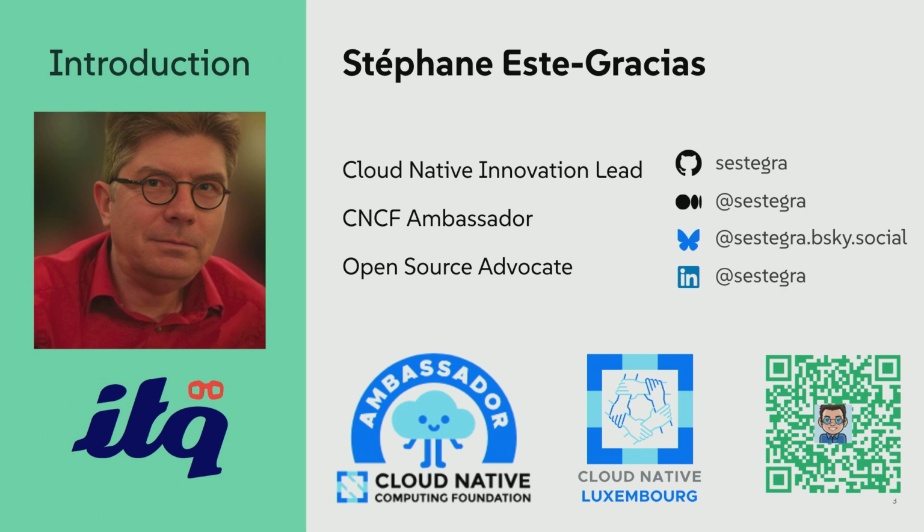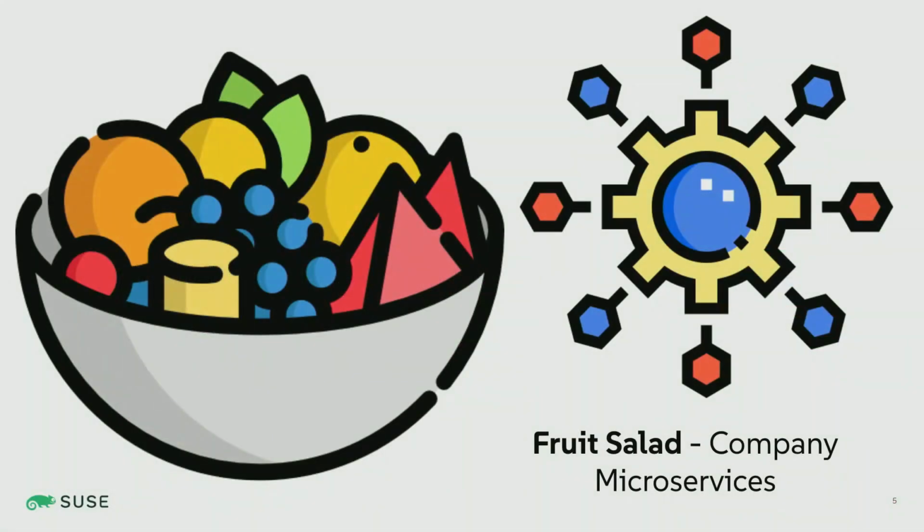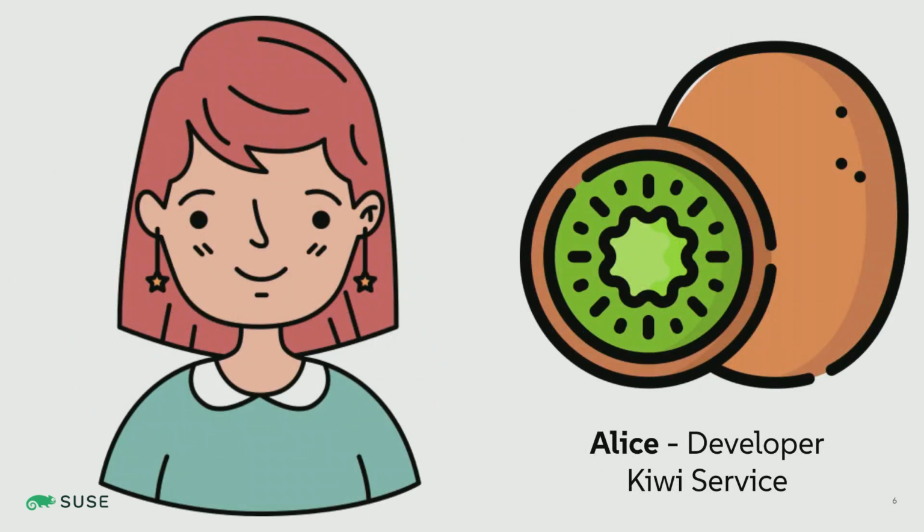So let's start. Let's move on first to the product, personas, and organization. For this training, let's assume we have a fictive company named Fruit Salad, a microservice company that develops a product. We need 3 developers to create the code and 1 platform engineer to manage the platform for developing, testing, and deploying the microservices. In that company, we have Alice.